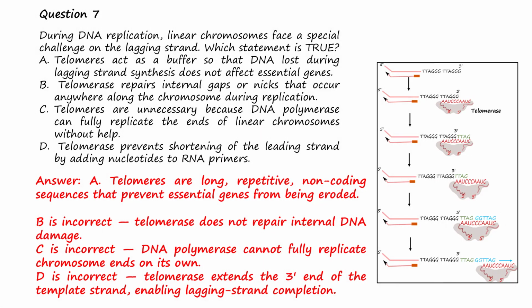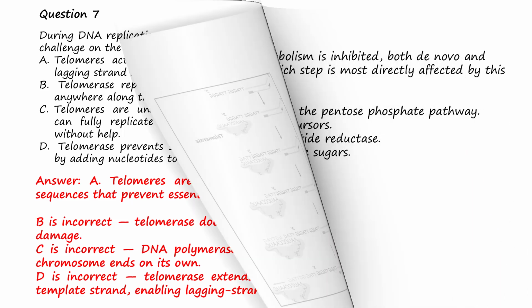The answer is A. Telomeres are long repetitive non-coding sequences that prevent essential genes from being eroded. B is incorrect. Telomerase does not repair internal DNA damage. C is incorrect. DNA polymerase cannot fully replicate chromosome ends on its own. D is incorrect. Telomerase extends the 3' end of the template strand, enabling lagging strand completion.